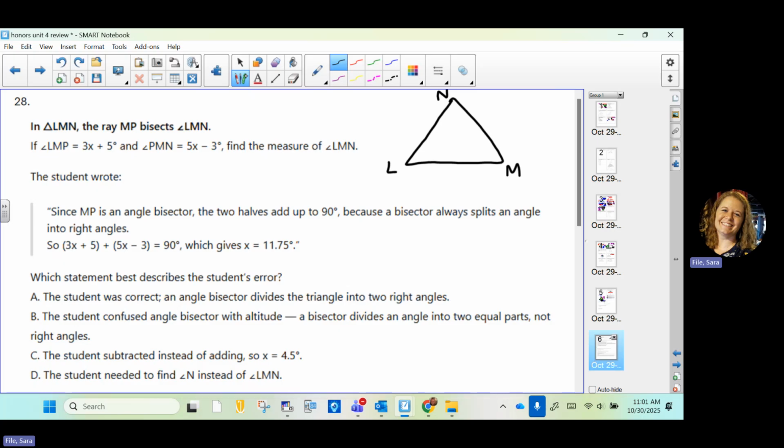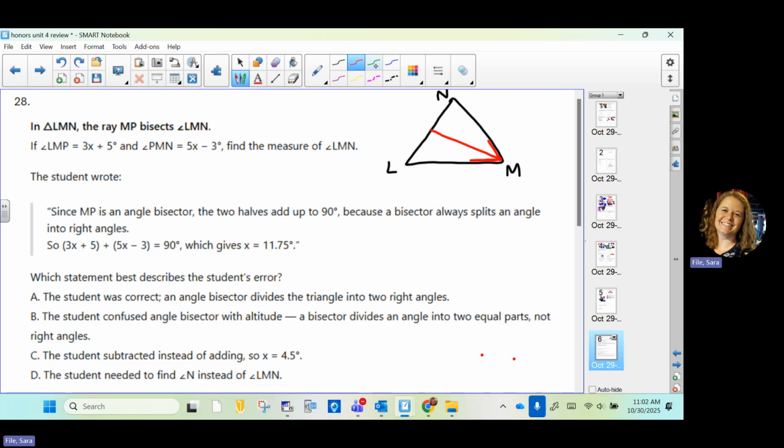It says MP bisects angle LMN. So LMN is here. So this angle is bisected. What does that mean? Cut in half. So I need to draw an angle bisector, cutting that angle in half.